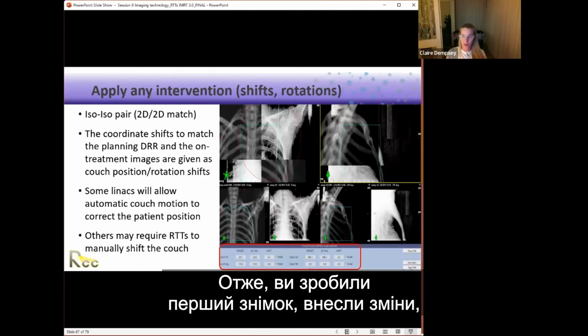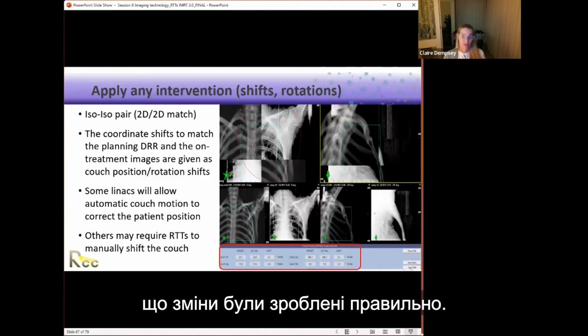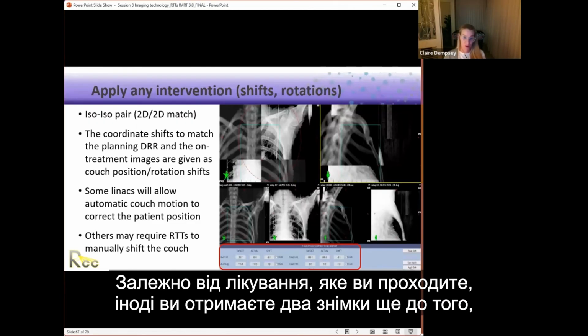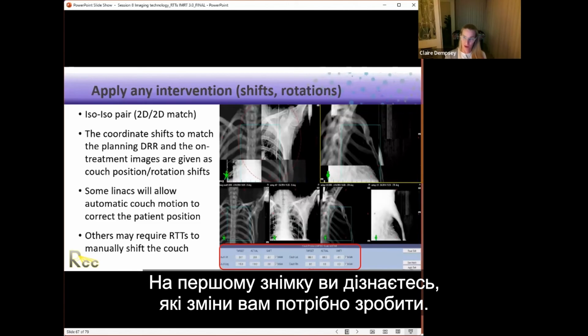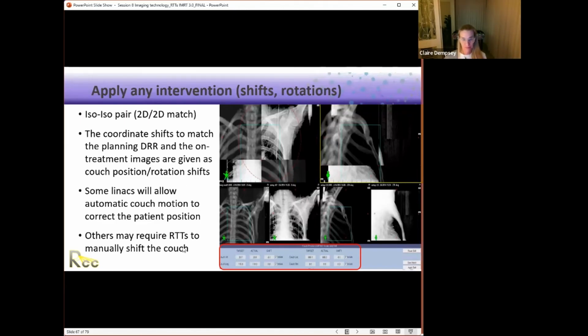So you've taken your first image, you've done your shifts, and then you just want to take another image to verify those shifts have been made correctly. So depending on the treatment that you're having, sometimes you'll have two images before you even start treating. You'll have the first one to find out what shifts you need to do. You'll make the shifts. You'll take a second one to confirm the shifts have been made correctly as well.